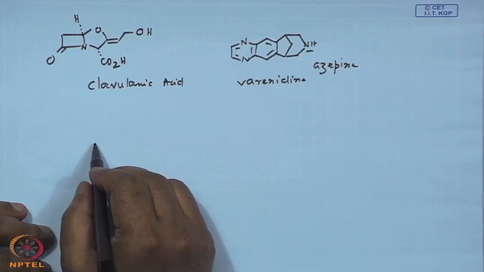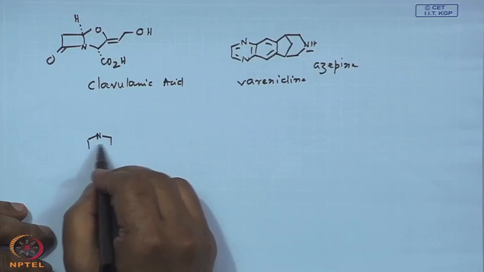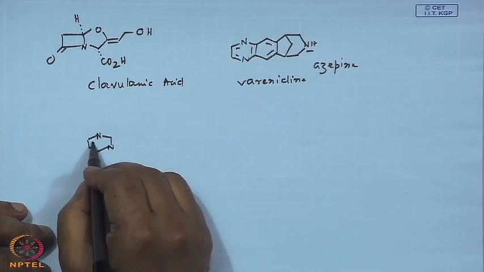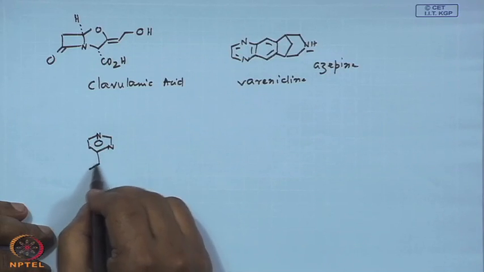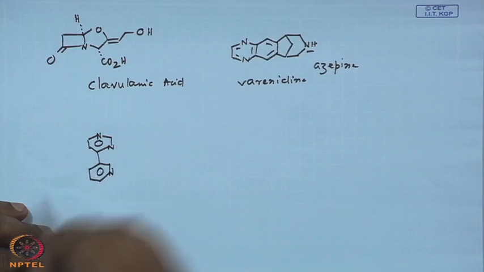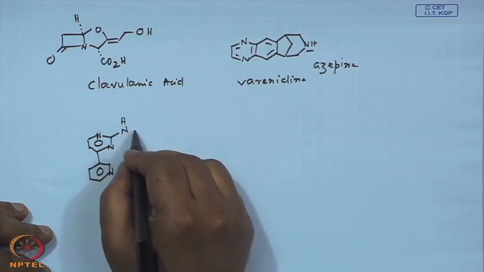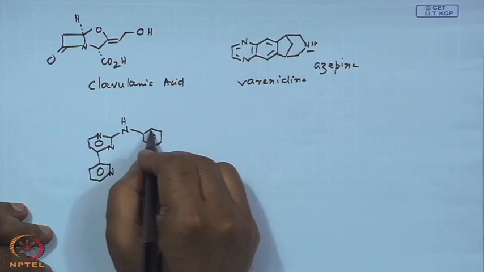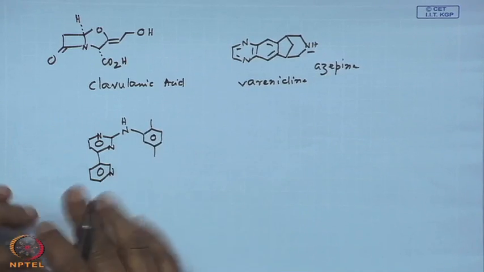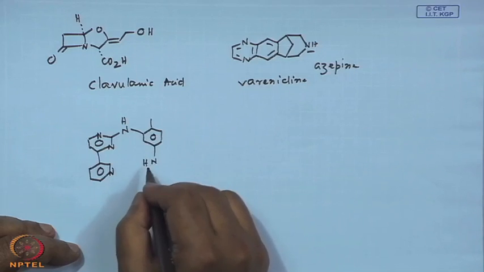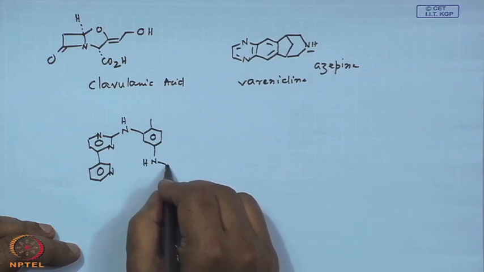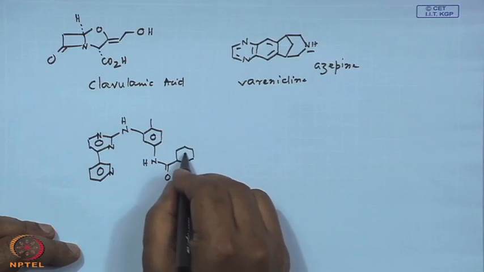The other one was in the news last week. I said a little big molecule though, but it is worth knowing. It is a pyrimidine nucleus. Okay. Then it has a pyridine nucleus, then you have nitrogen NH, then one more benzene ring. Why I am writing, basically I am just trying to give you an impression about the different kinds of structures here, and to show the utility of the heterocyclic molecules. Then one more benzene ring.